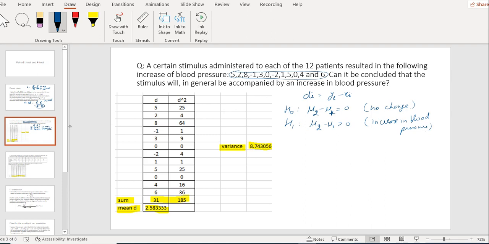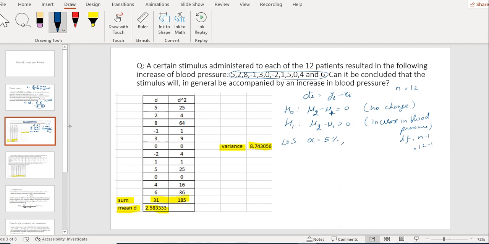Because the level of significance is not given here, we assume the level of significance alpha as 5%, and because we are given a sample of size 12 only, we are going to use the t-test for the difference of means. Because we have only one sample with two different observations, the degree of freedom will be n minus 1, that is 12 minus 1, which is 11.